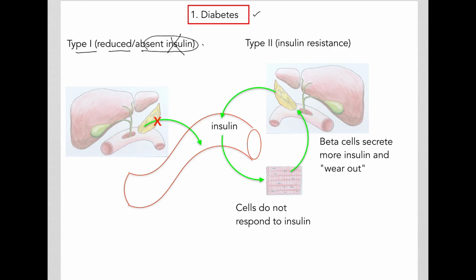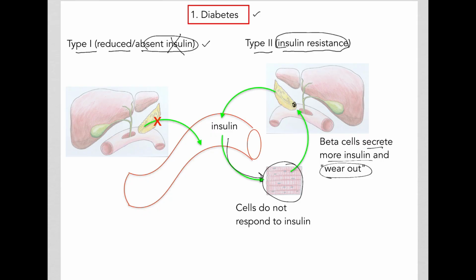So type 1, where there's reduced or absent insulin, and then in type 2, there is insulin present, but the insulin doesn't work. There's insulin resistance. So in type 2, the cells are not responding to the insulin, and since the cells are not responding to insulin, the beta cells in the pancreas that are secreting insulin will start secreting more and more insulin until they basically wear out.